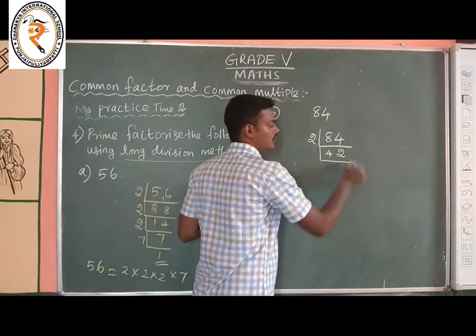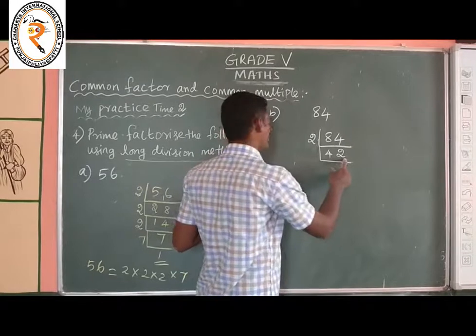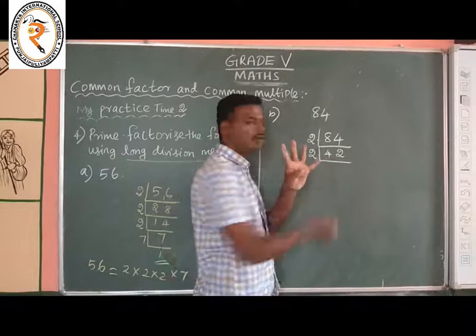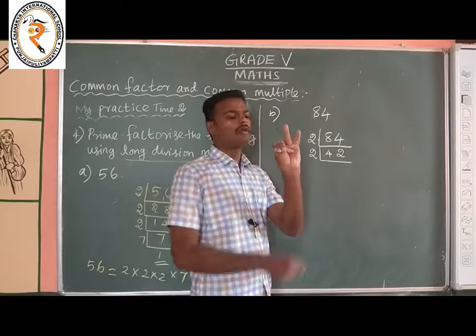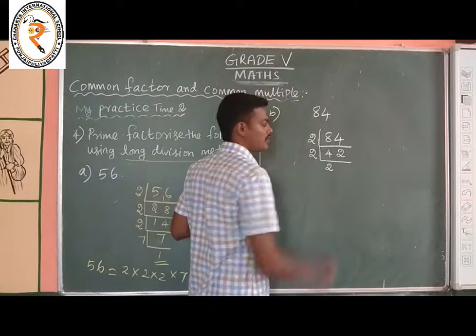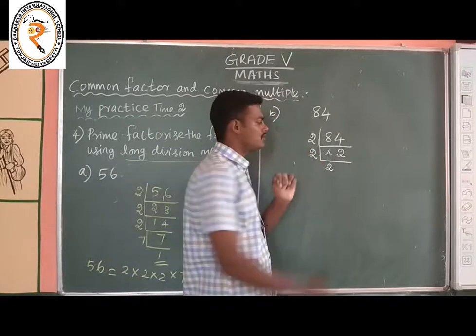Next, 42 is an even number. So again in the second table, 4 is 2 times and 2 comes in the second table 1 time.